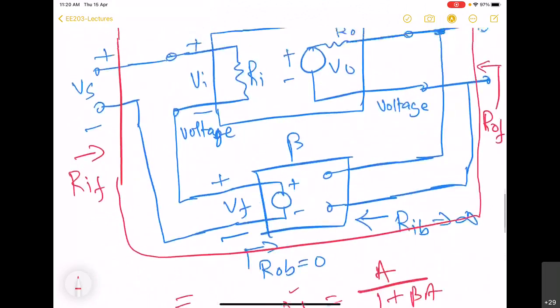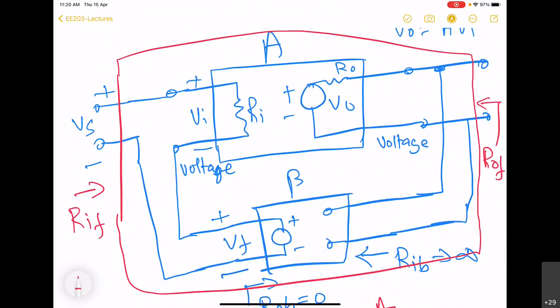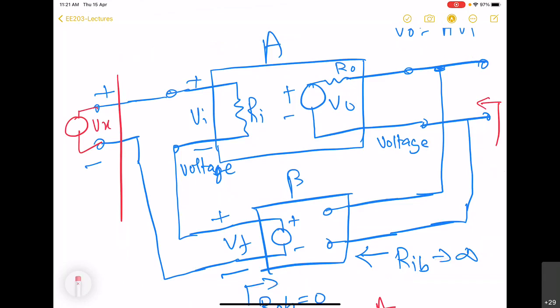So now in this circuit, we have to find out what will be the input impedance. So we have to modify this circuit as per our definition. What we will have to do is now connect an unknown voltage here, Vx, and then keep the output side open.